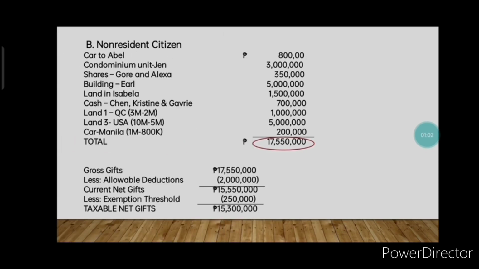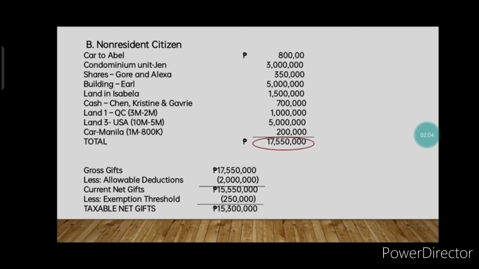Okay, remember, resident citizen, non-resident citizen, and resident alien are in the same classification, whether or not the donor resides in another country. As long as they are citizens of the Philippines, their donations within and outside the Philippines are still included in the gross gifts amount. We have the total gross gifts for a non-resident citizen of 17,550,000.